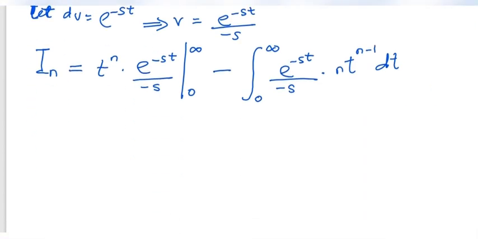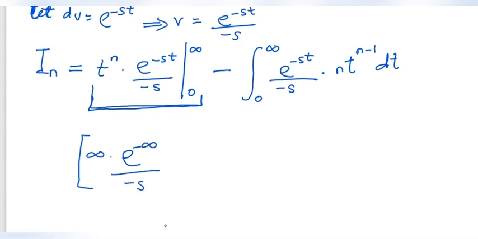Alright, so let's try and simplify this by solving this first term. If you take the limits for when t is infinity, infinity to the power of n is infinity, times e to the power of negative st, and s is positive, so this is going to be negative infinity all over negative s.